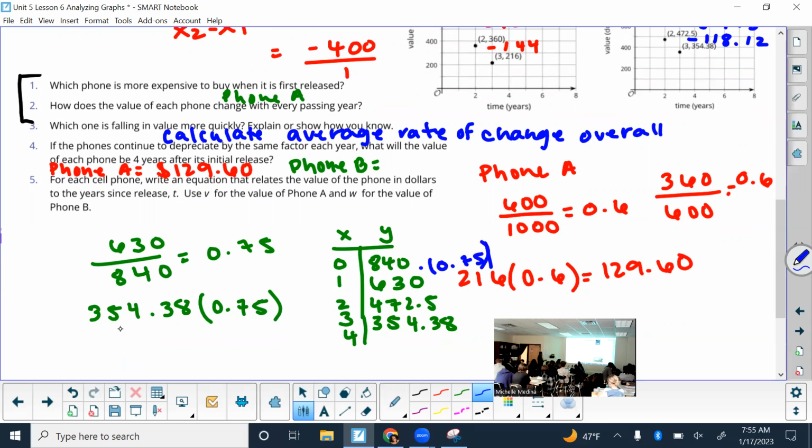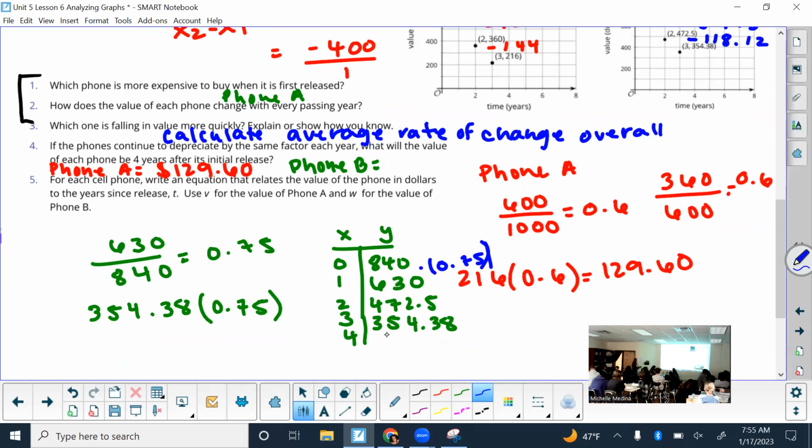So when I do that, what does my year 4 value become approximately? 265.78? Okay, and then since we're talking about money, round it to 2 decimal spots. Yes, approximately.